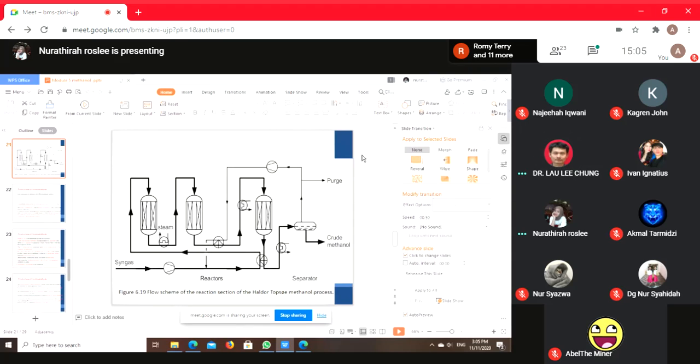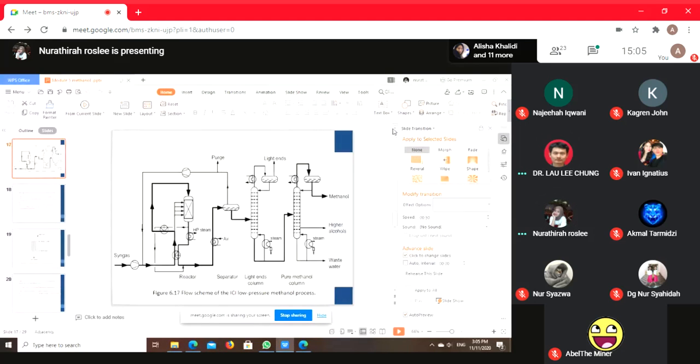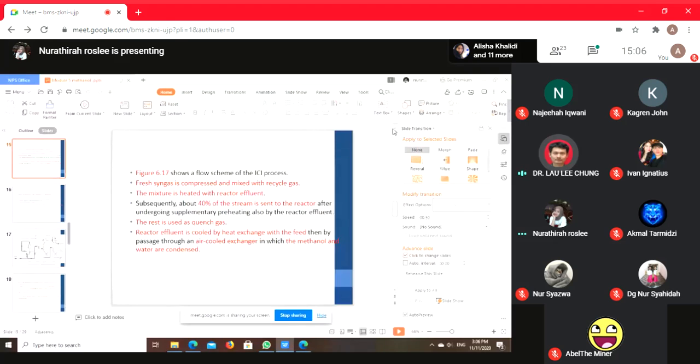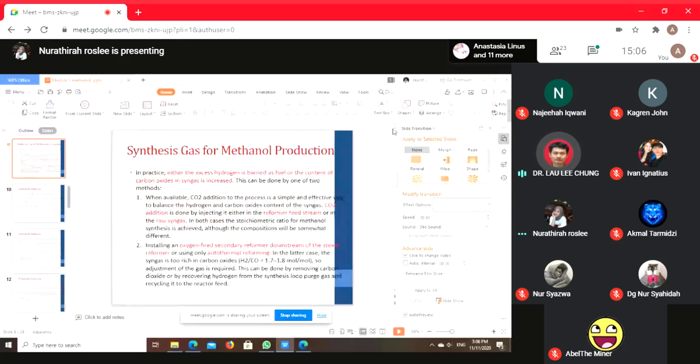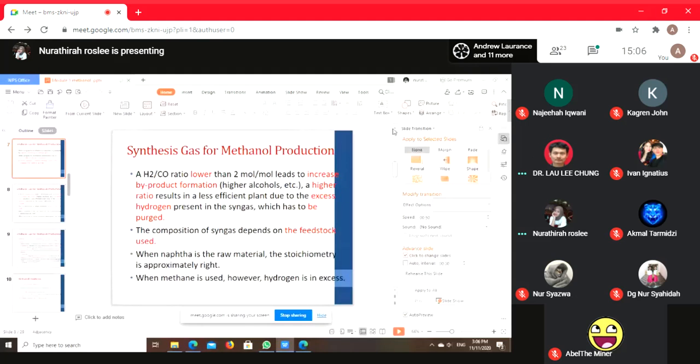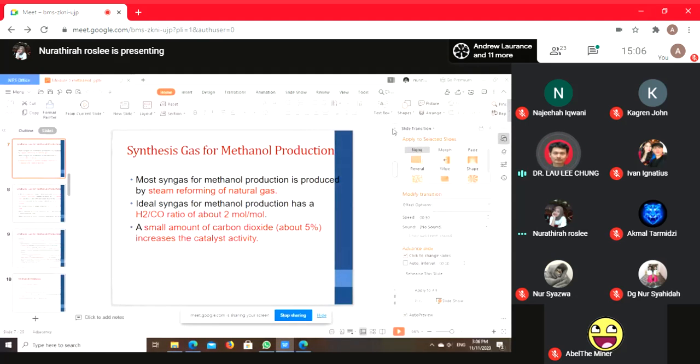So here, in order to produce methanol, you need syngas, right? Yes. In the beginning, you mentioned a lot about syngas, so I guess there is some requirement for that syngas. Can you explain a little bit, very briefly, what is the main requirement for that syngas, and how do we achieve that requirement?